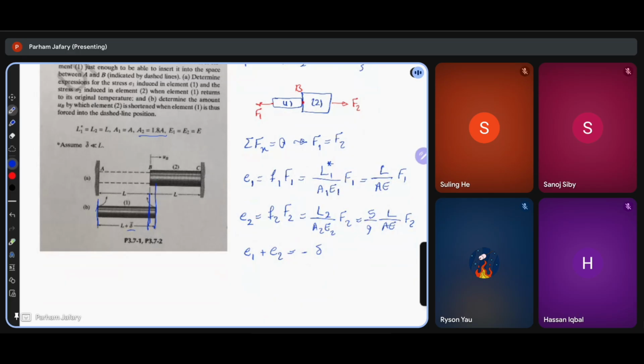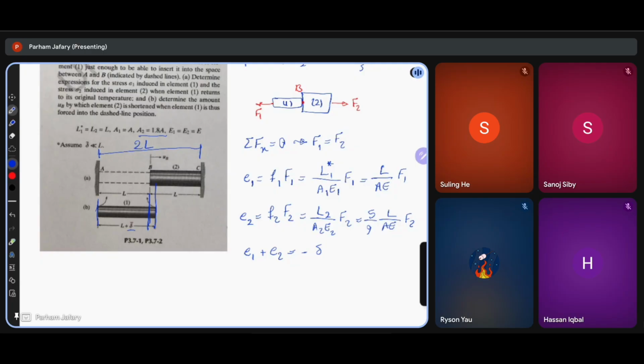So element 1 was originally, we have a length of 2L here, okay? One of the components had a length of L, and the other one needed to have the length of L as well to fit in the gap, but it had a length of L plus delta. So they froze it to contract it and fit it into the gap.